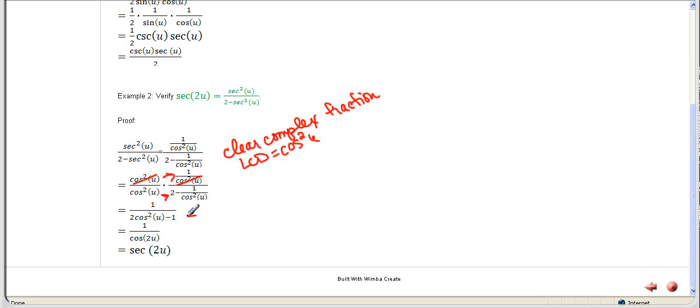Well then, if you recall from the double angle formulas, 2 cosine squared u minus 1 is a variation of cosine of 2u. So that gives us exactly what we need to show, that 1 over 2 cosine squared u minus 1 is equivalent to 1 over cosine of 2u, which is the reciprocal of secant. So we have secant of 2u, which is exactly what we wanted to show there.